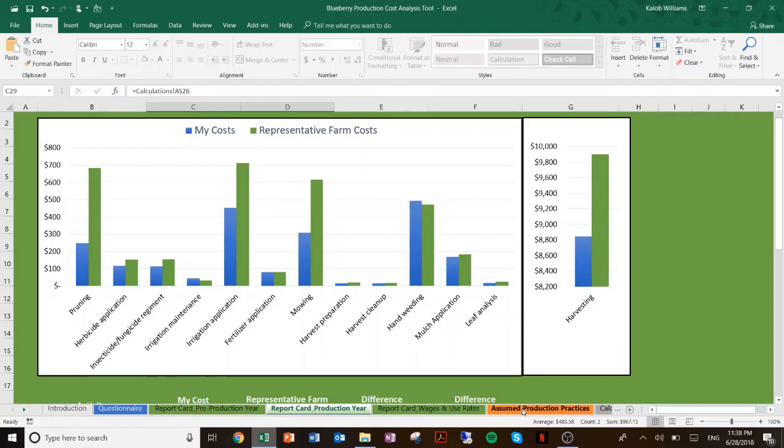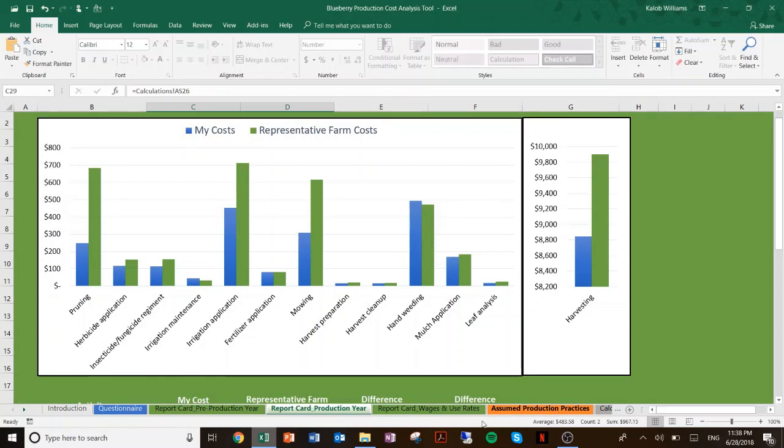You need to come in here and make sure that you understand the differences between your costs and the representative farm costs. You may come in and recognize that your mowing costs are so much lower because you mow fewer times than the representative farm. And that's okay, of course, everybody knows that they grow their products somewhat differently.